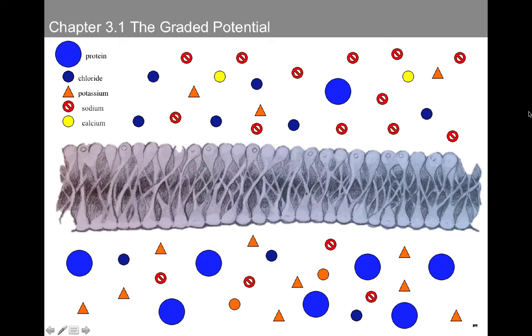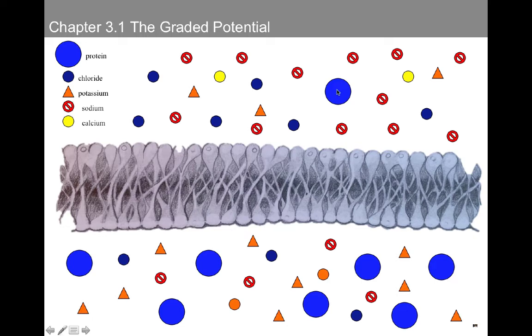So if we look at the different molecules, I want to first point out the blue molecules are anions. What I mean is the blue molecules have a negative charge. So protein and chloride carry a negative charge. On the other hand, potassium, sodium, and calcium have a positive charge. Now, if we look at this distribution of the different ions, you can see that protein is heavily distributed in the intracellular space.